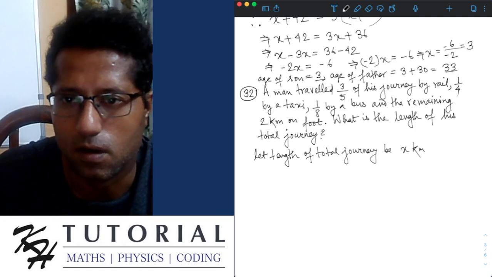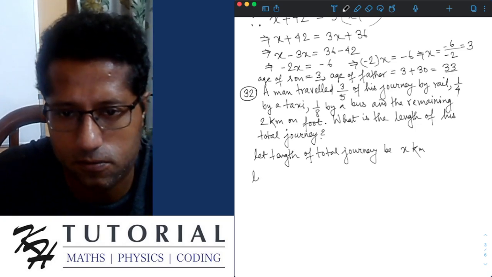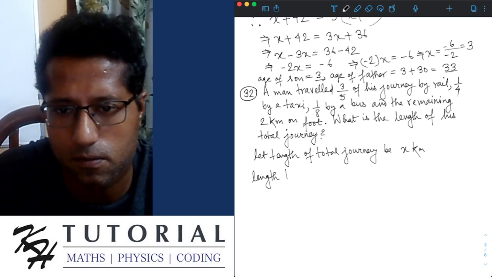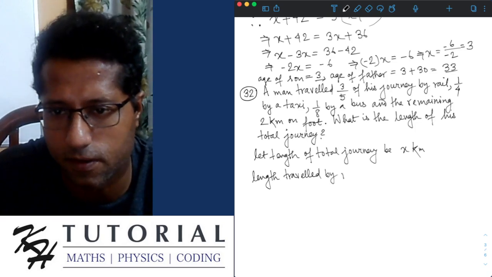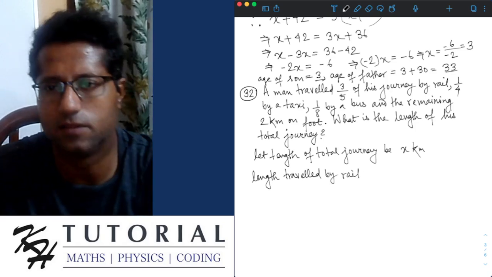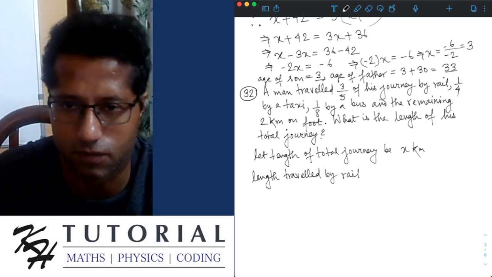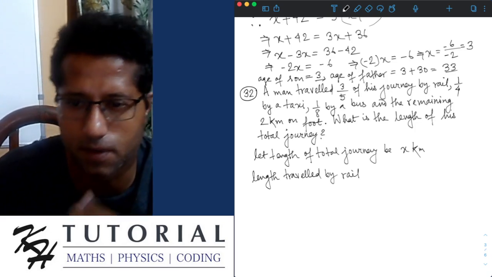Now, the length traveled by rail, it is given, is 3/5 of his journey. The man has traveled 3/5 of his journey by rail.